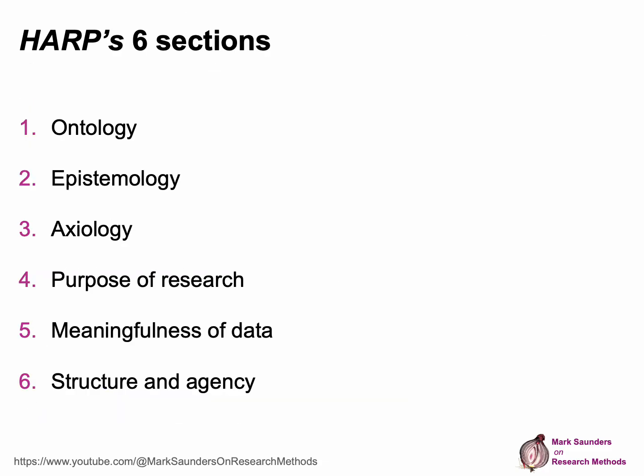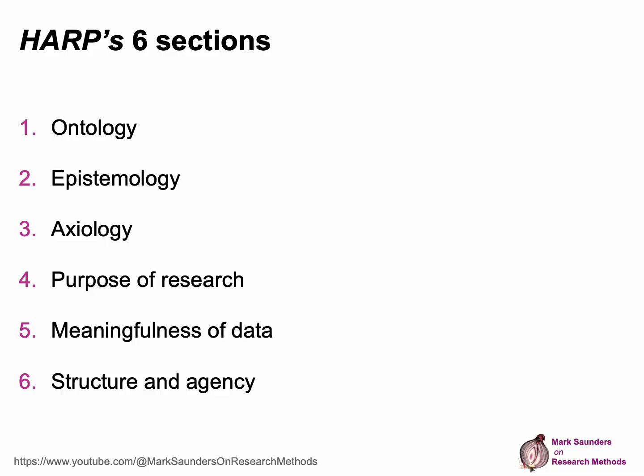Thanks so much. Each of the 6 sections in HARP has 5 statements associated with it. The ontology section has statements about assumptions about reality, and we'll be looking at how you agree or disagree with these. Similarly, the epistemology section has statements about the assumptions of acceptable knowledge. The axiology section has assumptions about the role of values in research.